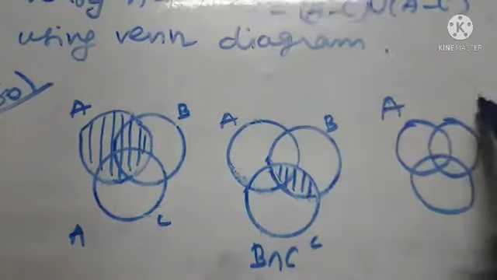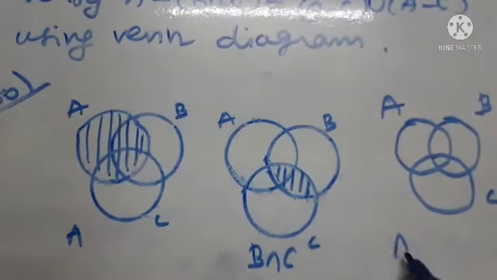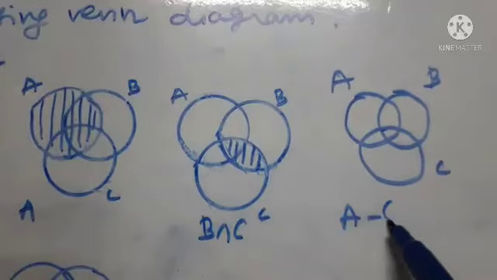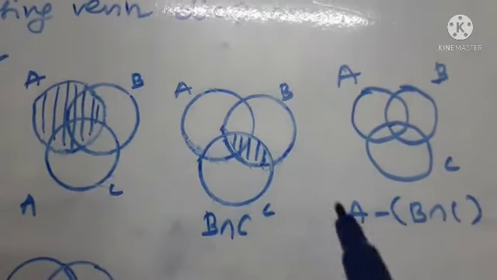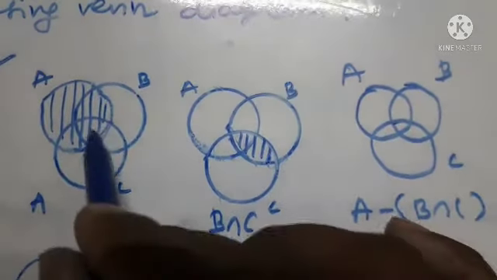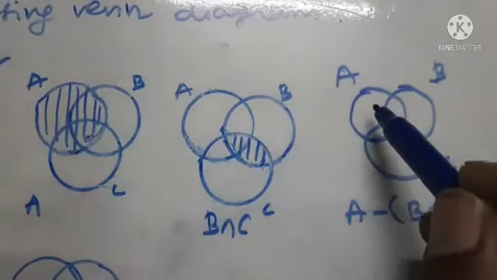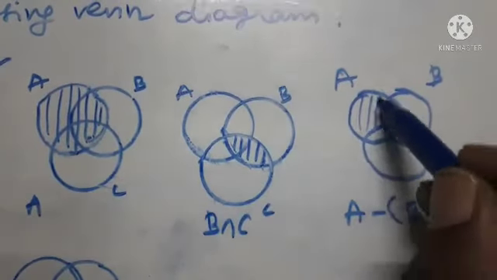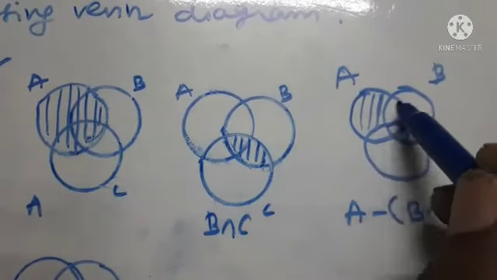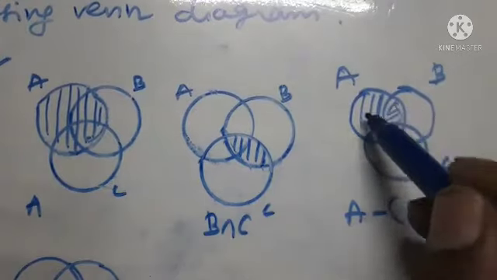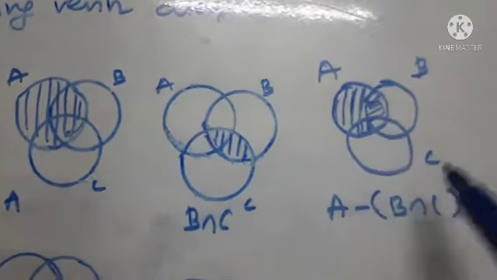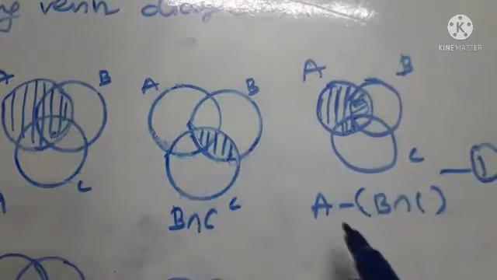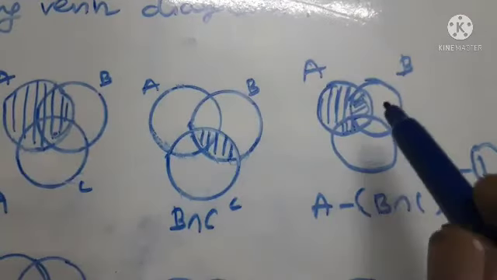A − (B ∩ C) means A having but not in B ∩ C. The remaining part, shade this area. This part only. This is equation 1.